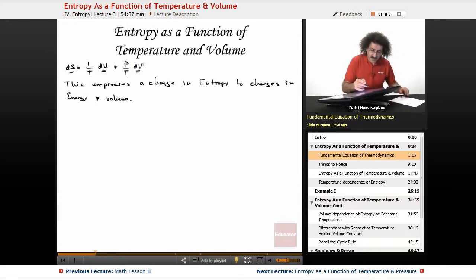So this expresses a change in entropy to changes in energy and volume, as well as the temperature and pressure.